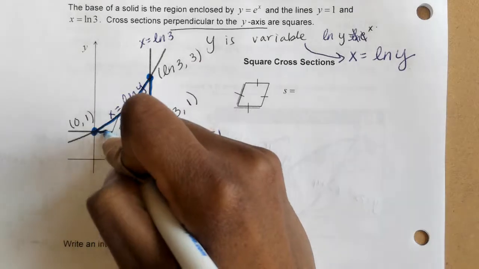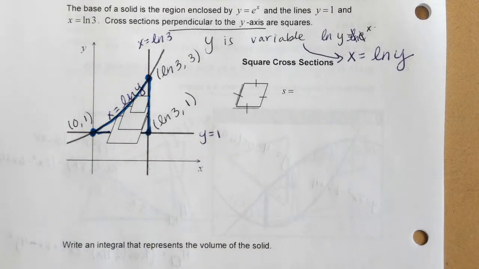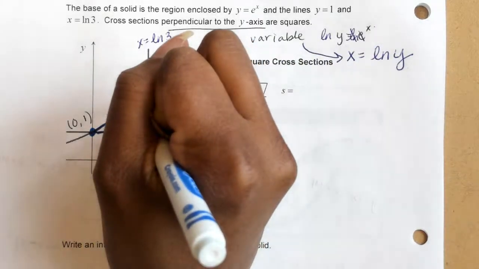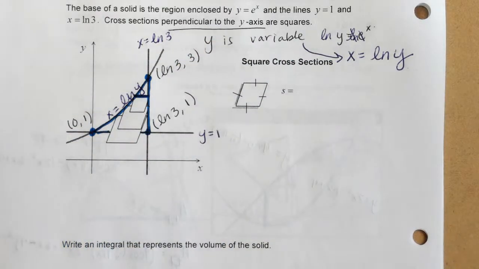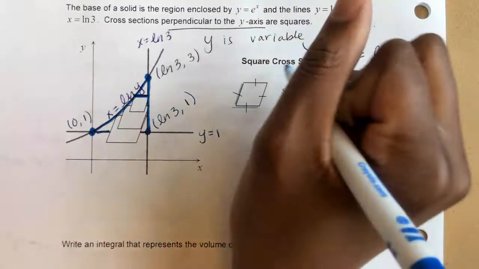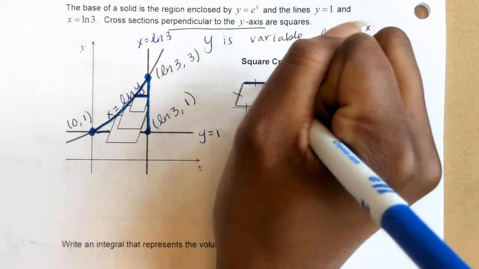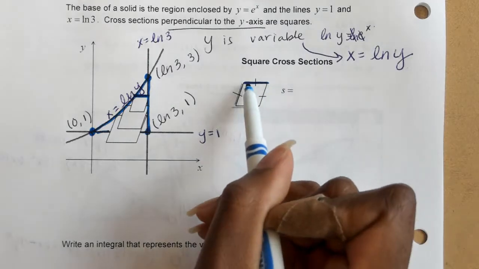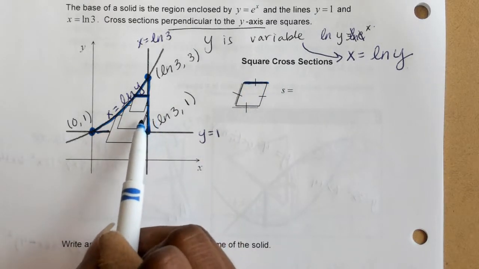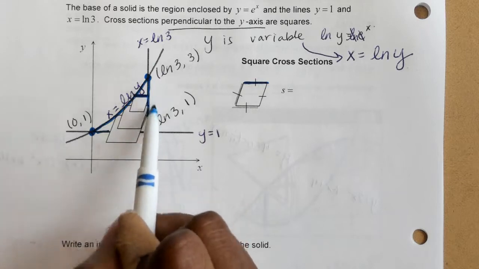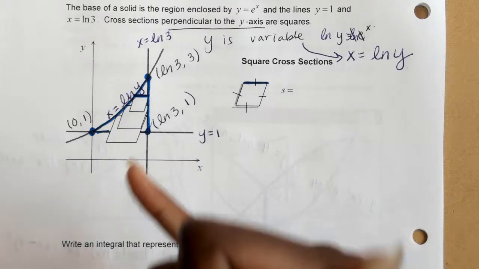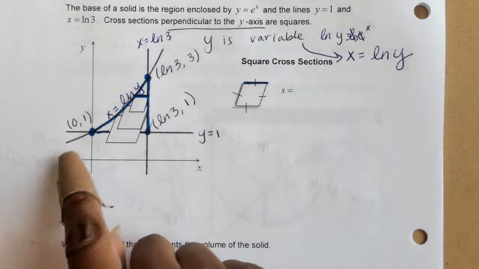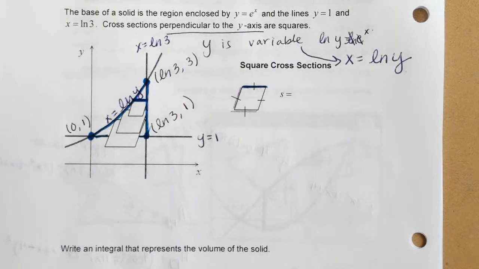So, given that this is the area of our base of this solid, and our squares are perpendicular to the y-axis, that means this side is the side that we're actually able to find values for. And this side is the length of the boundary on the right minus the boundary on the left. The boundary on the right is ln 3, the boundary on the left is ln y.